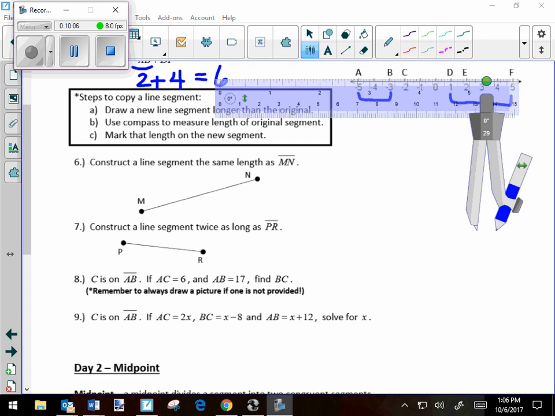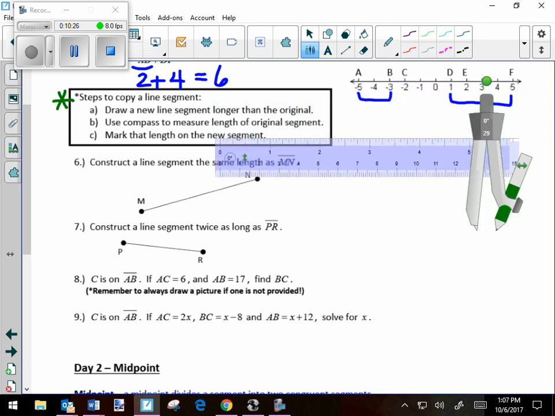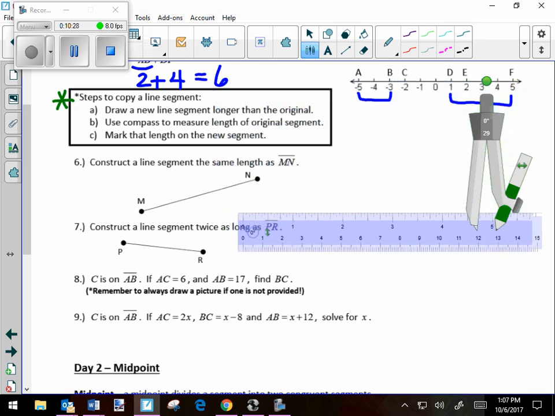As we did in the last unit, we learned a concept and then we went on and talked about constructions with it. The construction that we're going to be working on today is how to copy a line segment. Line segments have a definite beginning and end, therefore we can make a new segment that's the exact same size. Step number 1 says to draw a new line segment longer than the original one.